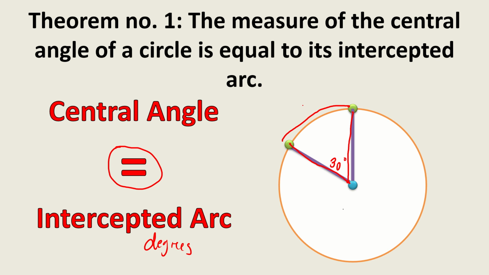So, they are equal. So, this is also 30 degrees. Yun ang pang tatandaan. Kapag central angle, equal sa intercepted arc. Kung ano ang measure din po ng intercepted arc, siya ring equal na measure ng kanyang central angle. So let's have examples po.